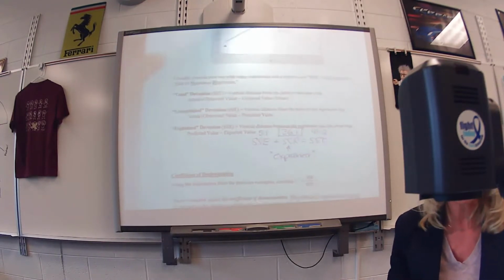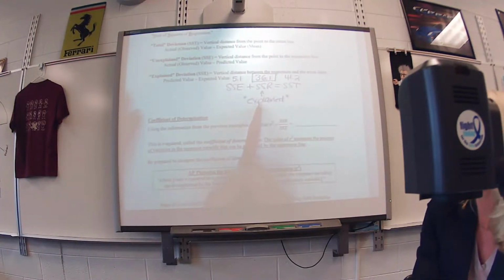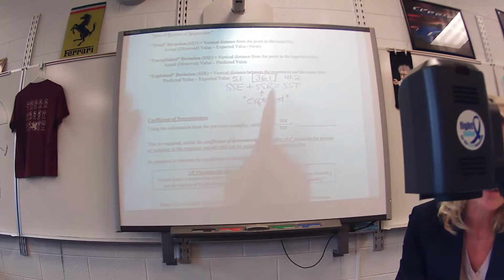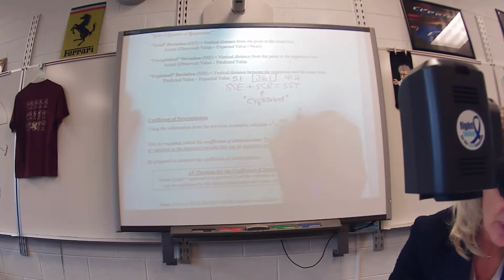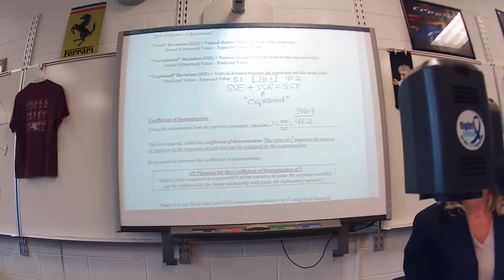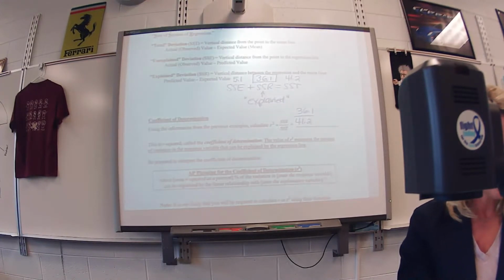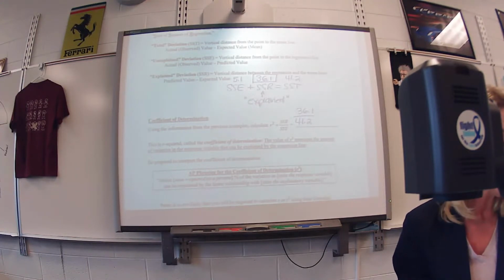So what you're going to do to calculate R squared is you take what's called the explained variation, which in this case was 36.1, and you make it a proportion out of the total. If you do 36.1 divided by 41.2, you get 0.876.